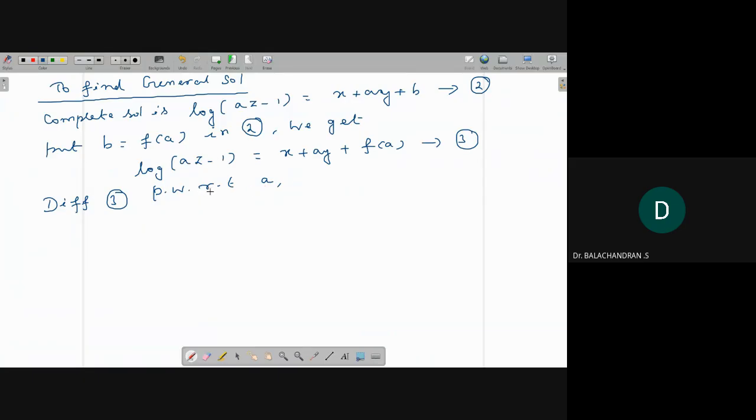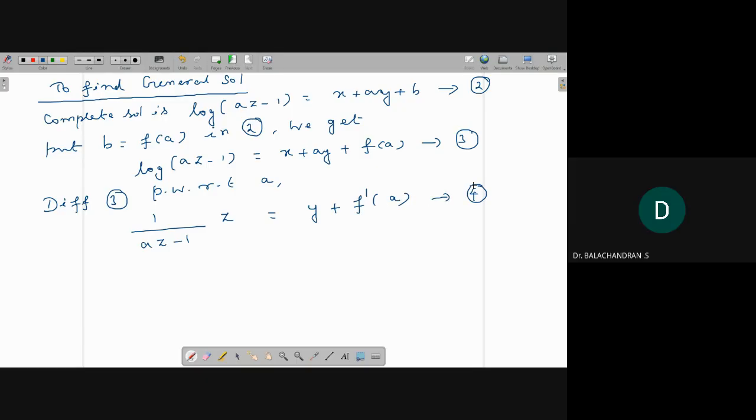If you differentiate partially with respect to a, we get 1 by az minus 1 into z, because you are differentiating with respect to a, equal to, here 0, here y, plus f dash of a. So this is equation 4.